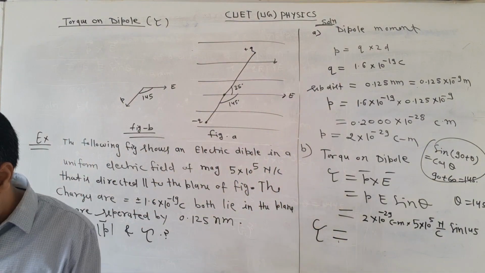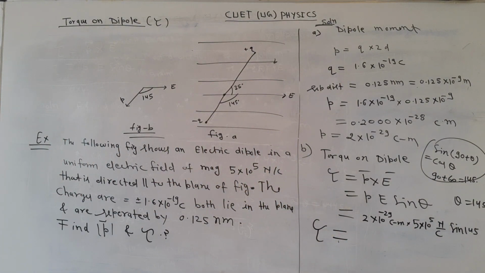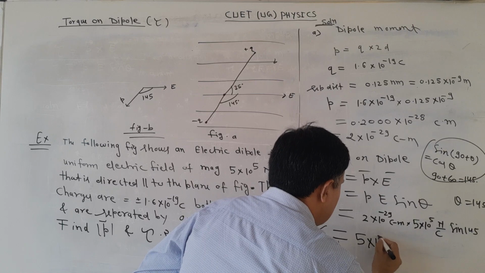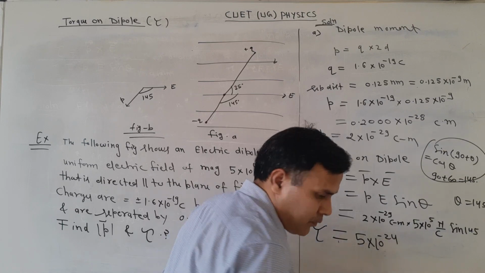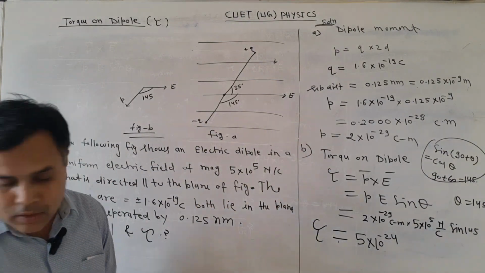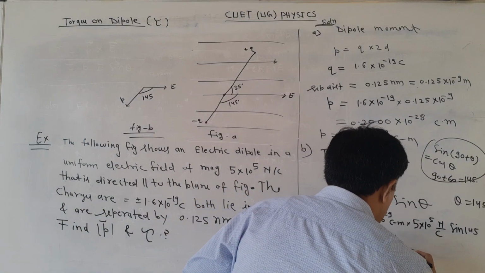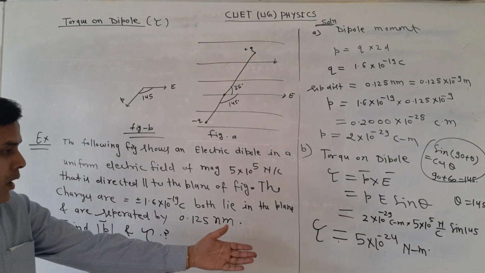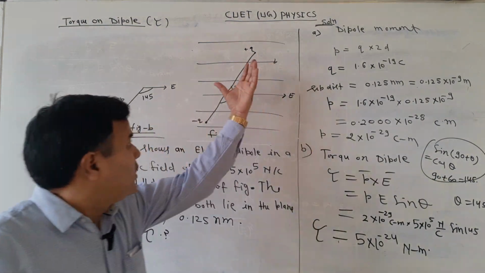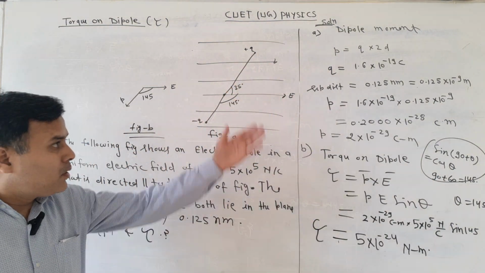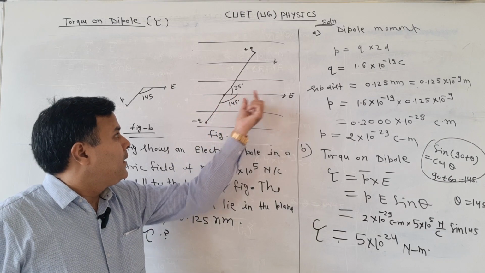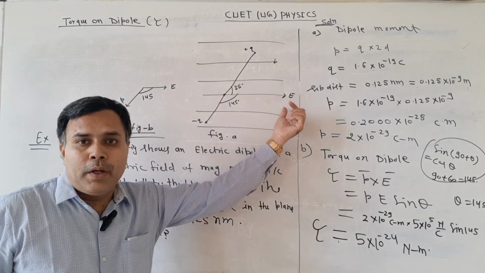After putting in all the values and calculating, we have 5 into 10 to the power minus 24. And the unit is Newton meter. This is the amount of torque experienced in this situation, and this is the way to find the torque on a dipole, using the angle made by the dipole with the field.